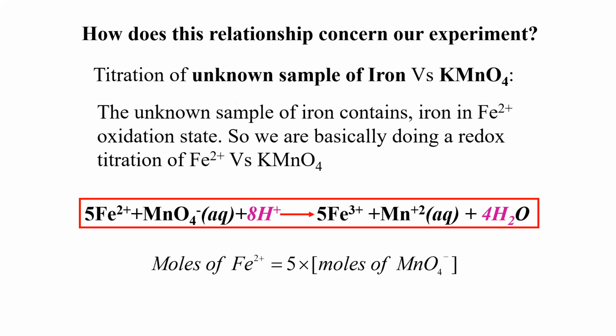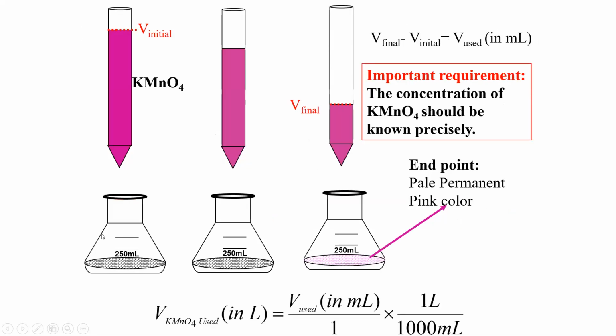So in an experiment that we are working on, where we titrate an unknown sample of iron with KMnO4, you can actually use this equation to calculate the number of moles of your iron, because most likely you will know the concentration of KMnO4. Once you balance the equation, whatever moles of KMnO4 you have, multiplied by 5 will give you the number of moles of iron you are interested in.